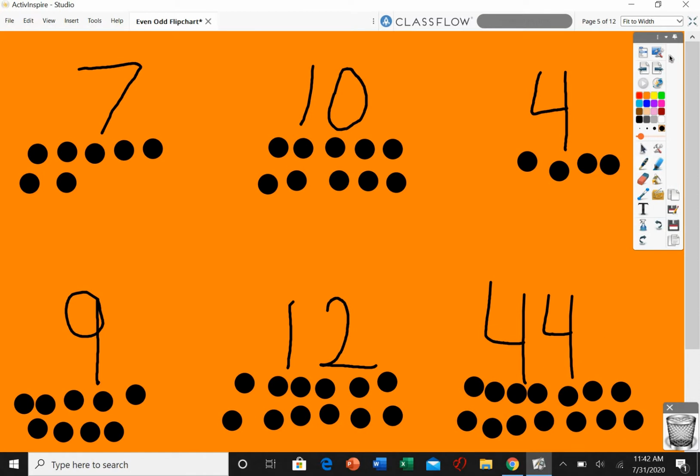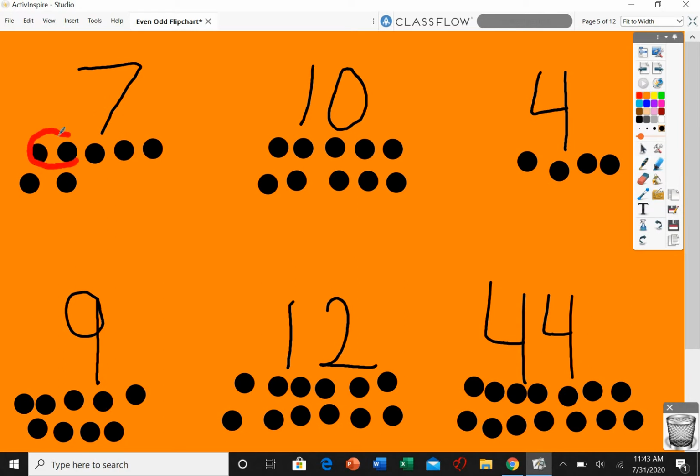Alright, so I've got the number 7 here. And if you see, I just went ahead and made 7 little dots for the number 7. Do you think that 7 would be an even number or an odd number? Okay, let's buddy them up or see if we can pair them up, and we will see if there's one left over or if they all are going to pair up. So let's see.